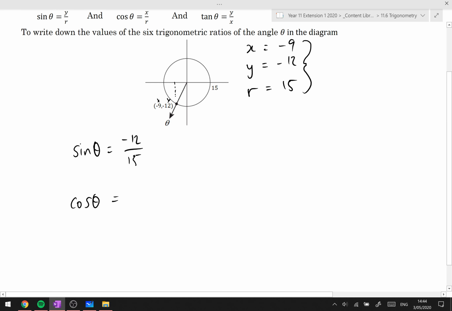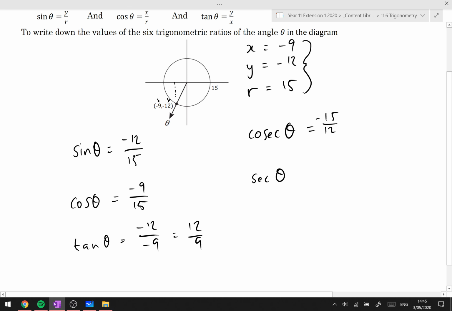Cos theta is equal to -9 over 15, and tan theta is equal to, okay, so this one, it is -12 over -9, but that just turns into 12 over 9, because the two negatives cancel. Then we're going to do our new one, so cosec theta, and that's equal to, well, that's just 15 over -12, or -15 over 12, okay.